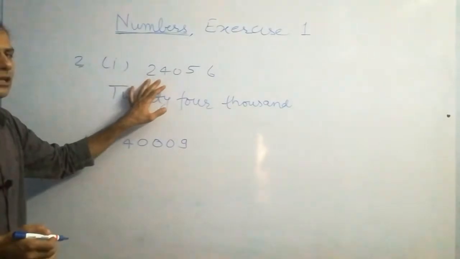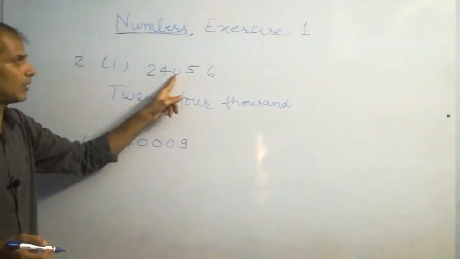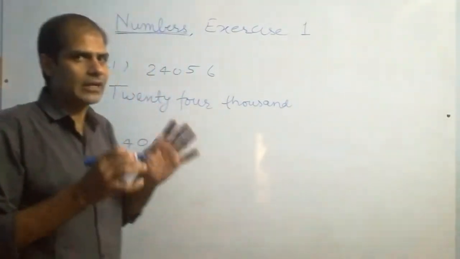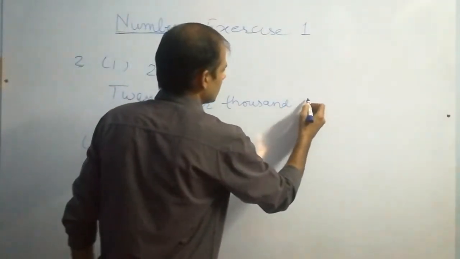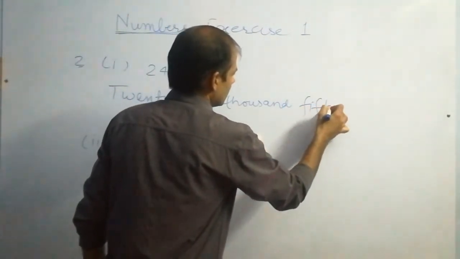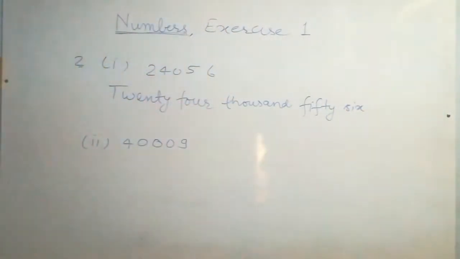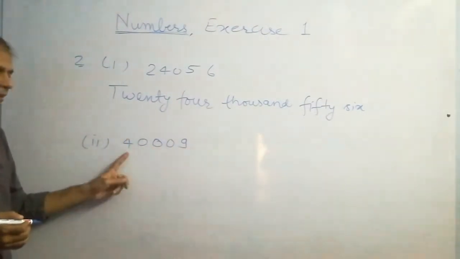Then after 24,000, this is 0, means ones, tens, hundreds, but it is 0, so 0 is nothing, we will not write anything for 0, and it is 56. So the number is 24,056.